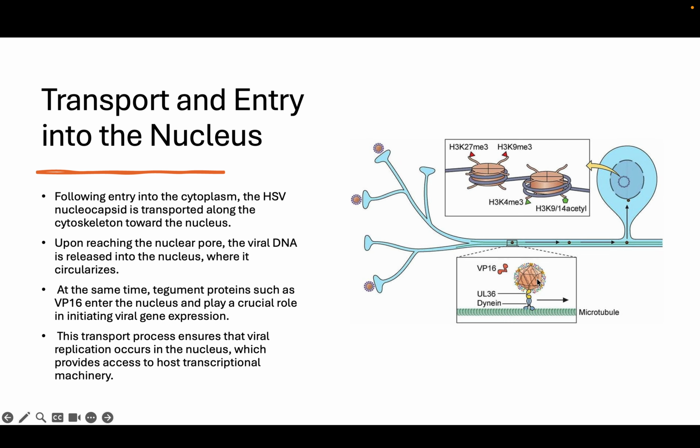So what happens is that they are transported. They're taken up, specifically in your neurons. In the epithelia, they're taken up and go straight to the nucleus. In the neurons, they are taken up and use microtubule motor proteins, specifically dynein.